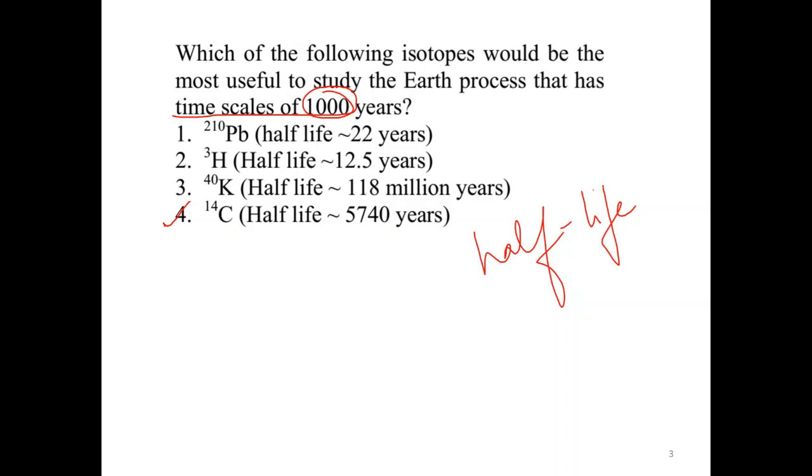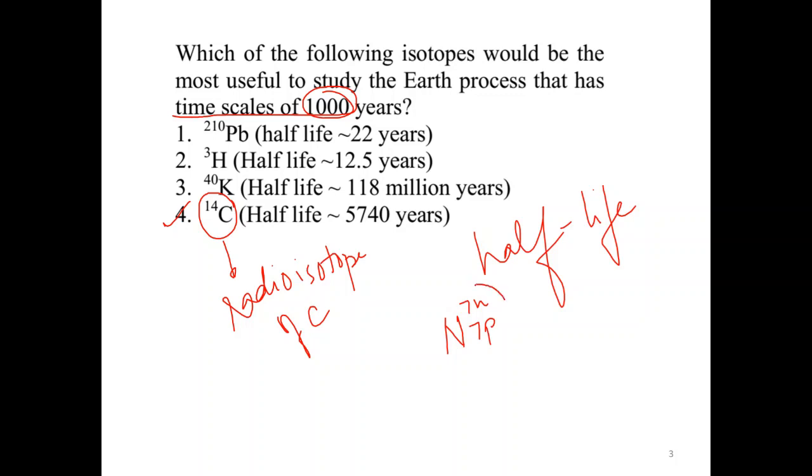Let me tell you something about C14. C14 is a radioisotope of carbon. And how is it made? In the atmosphere there is the nitrogen nucleus which has 7 protons and 7 neutrons. Now this nucleus is hit by thermal neutrons which are generated from the sun.